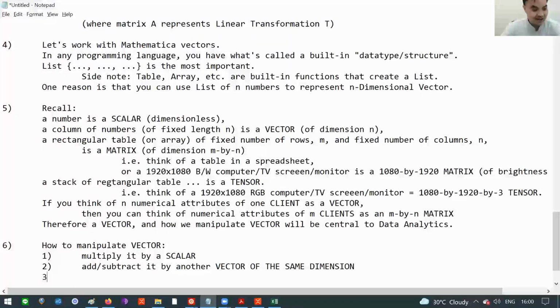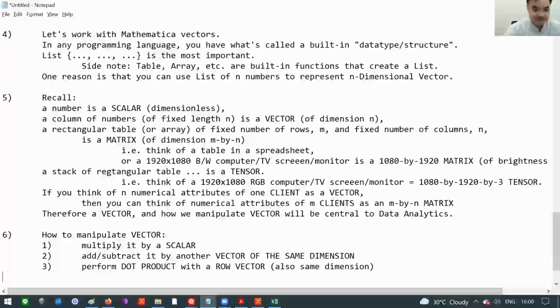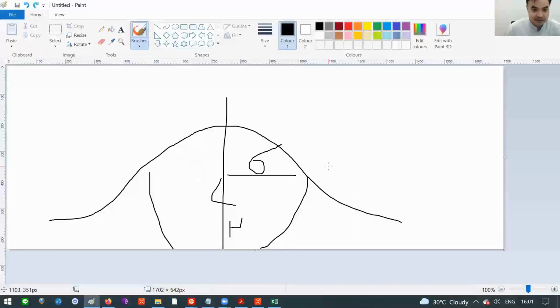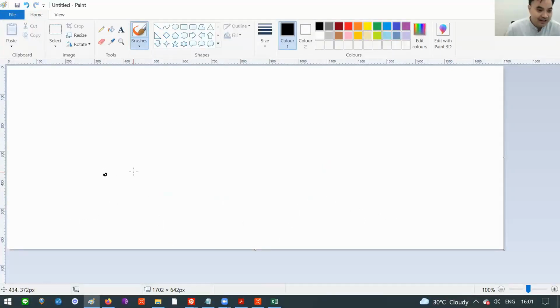Now, what else can you do? This is a tricky bit. You can perform a dot product with a row vector, also of the same size. Mathematically, I put the word row here because this is how you do it: we have this thing, say 3, and this thing.